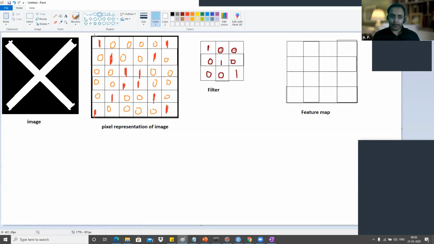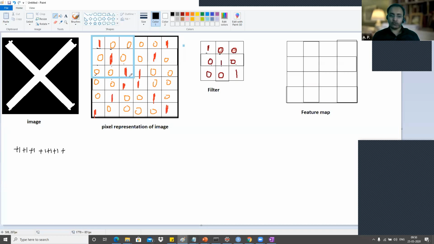Let's say that first we're going to map this filter on this part of the image. If we try to map the filter here, can we say that the first value is matching with the first value of the filter, the second value is also matching, the third value is also matching. So wherever there is a match, we'll say +1, +1, +1. Second row, 0, 1, 0, matching with 0, 1, 0. Again, for every match, +1, +1, +1.